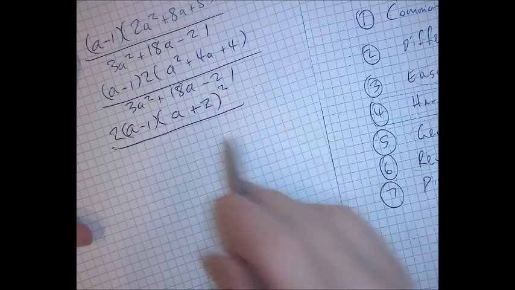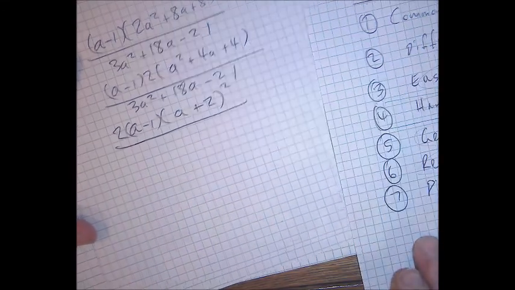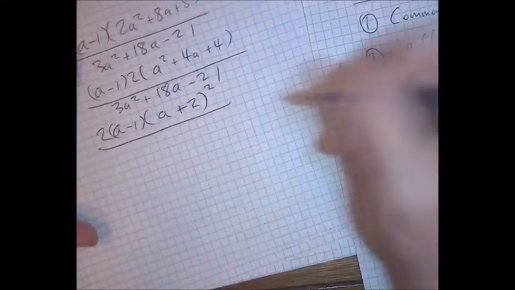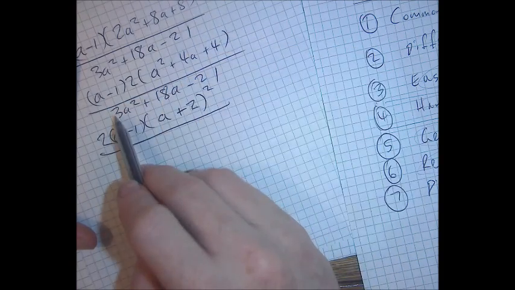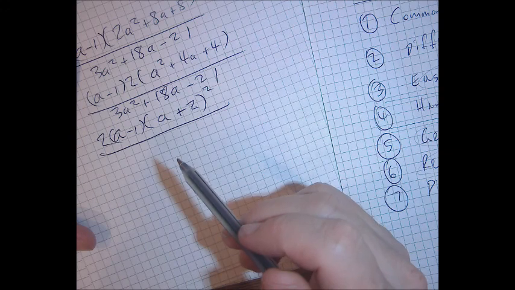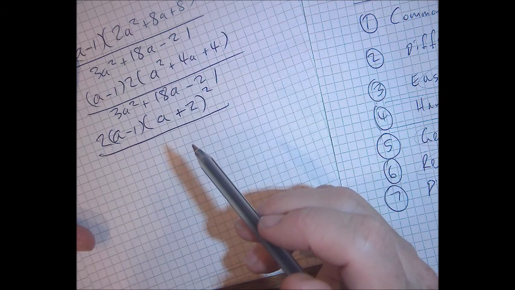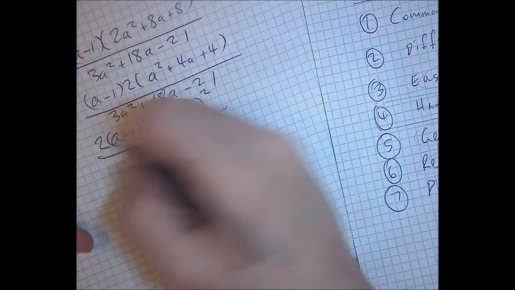Now the bottom is the harder reverse smiley face. So we're going to try and split that up into something that has the same product as this times this, which is negative 63. Okay.